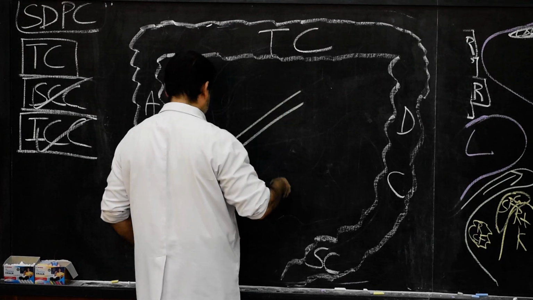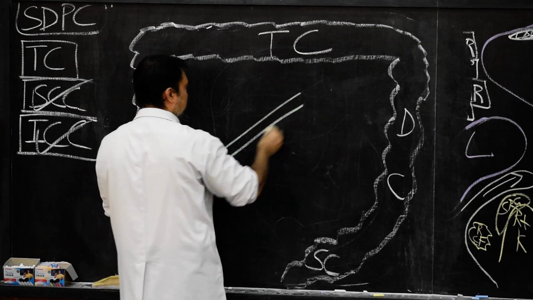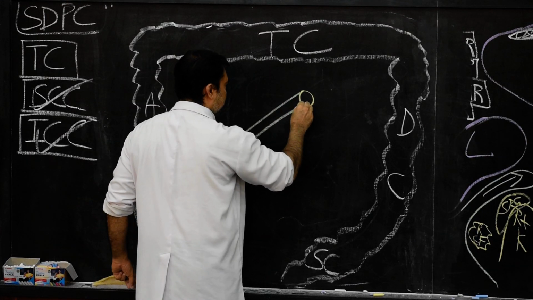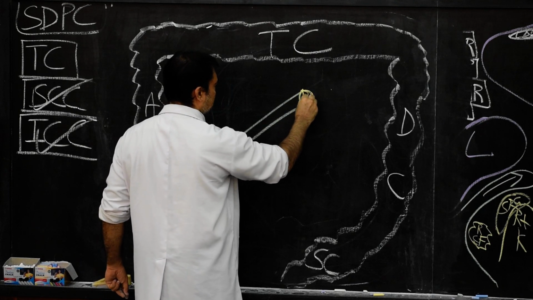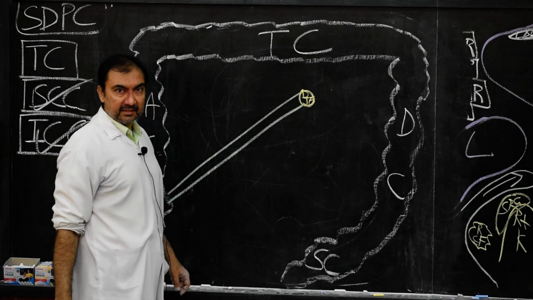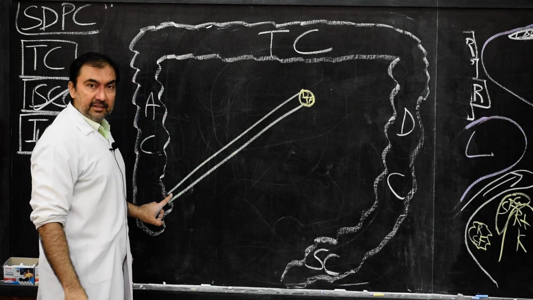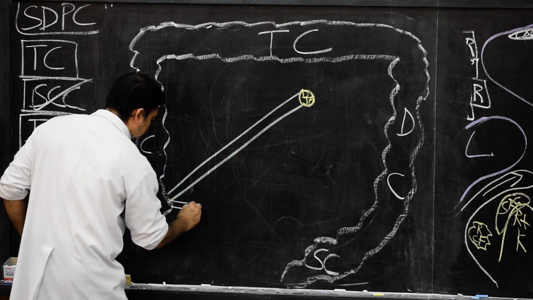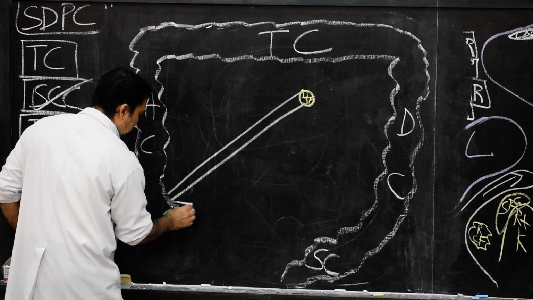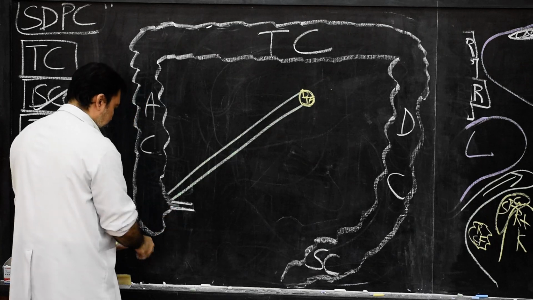Here I am just going to show the coronal section of the duodenojejunal flexure on the left hand side, to the right side ileocecal junction.